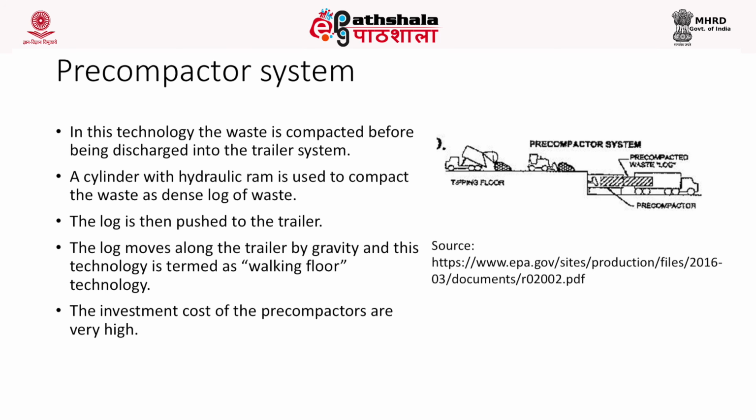The investment cost of the pre-compactors is generally very high. On the right hand side, you can see in the image how the waste is being dropped onto the tipping floor, and slowly it is compacted like a huge log, and the log is carried off with gravity.